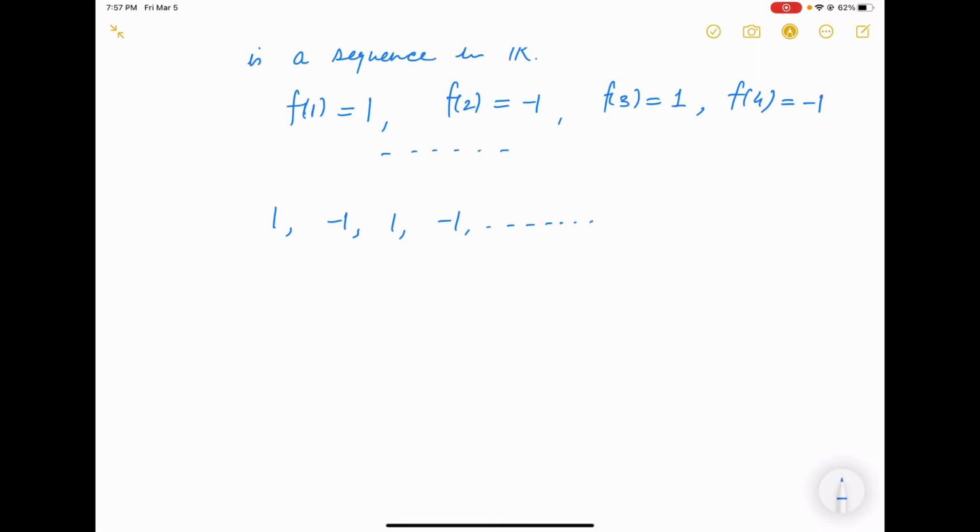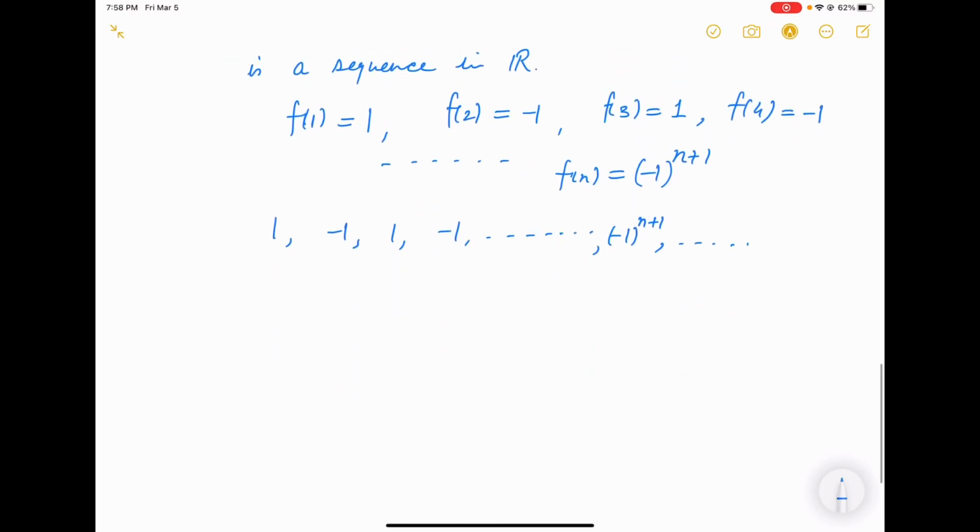Or you may write its general term Fn as (-1) raised to the power n plus 1. So this sequence 1, -1 with nth term (-1)^(n+1) is a sequence in R.